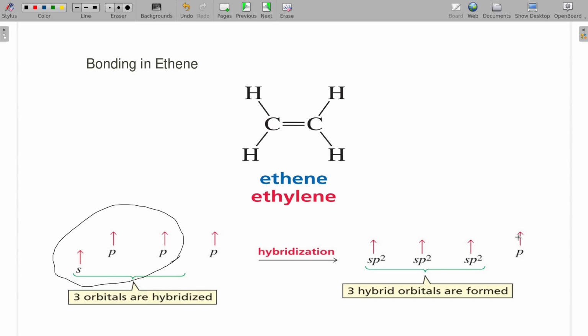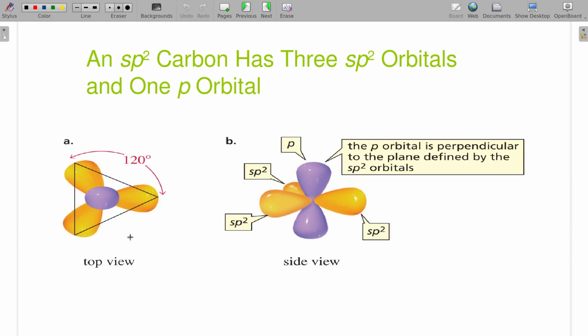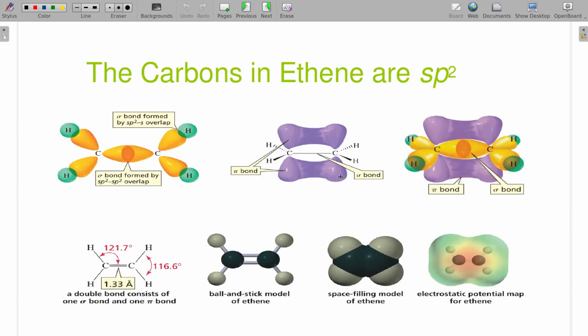Those 3 sp2 orbitals are going to form a trigonal planar shape. They're going to be on the same plane, 120 degrees apart from each other, and the remaining p orbital stays perpendicular to both of those.